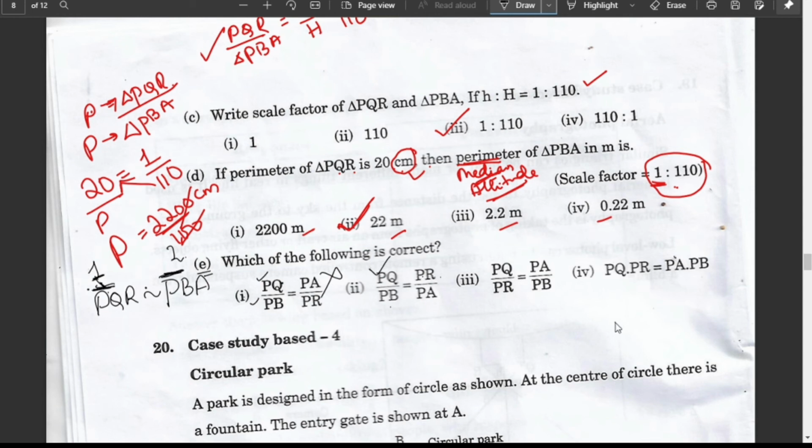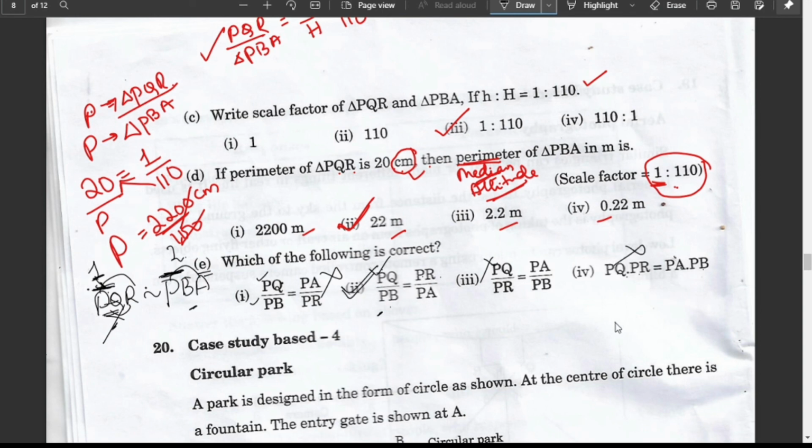Then PR by PA, fine, this option is correct because they took this triangle first and the next side second. But we will check the others too. PQ by PR, same triangle, not possible. PQ into PR, PQ again into PR, and PA into PB, so this is also not possible.